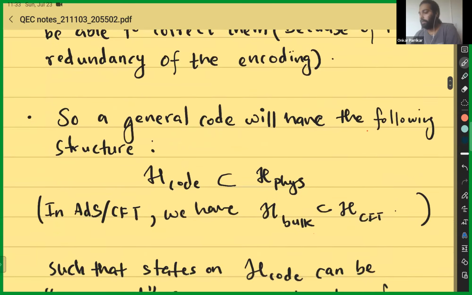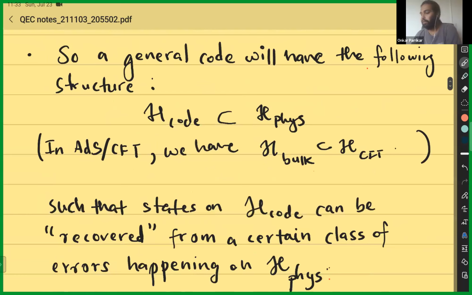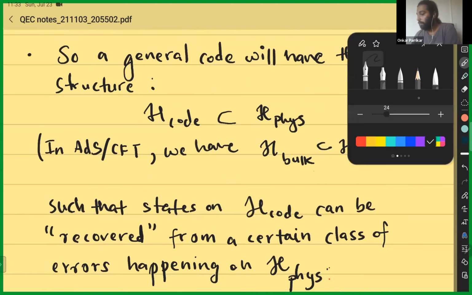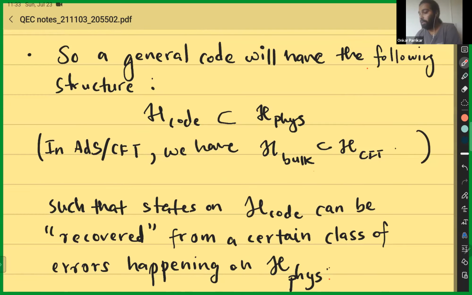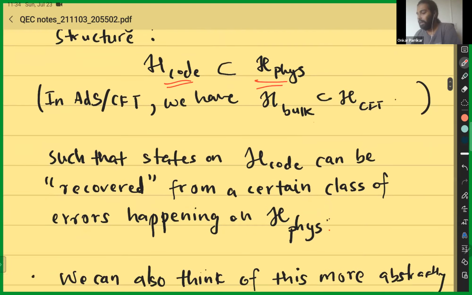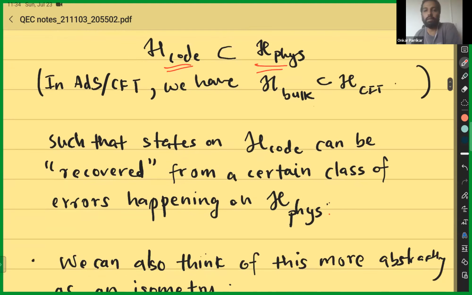Remember that from our discussion yesterday, the general structure of a quantum error correcting code is that we have a subspace, which we often call the code subspace, which lives inside a bigger Hilbert space, which I will denote as the physical Hilbert space. And you want to protect the information contained in the code subspace against some errors that happen on the bigger physical Hilbert space.